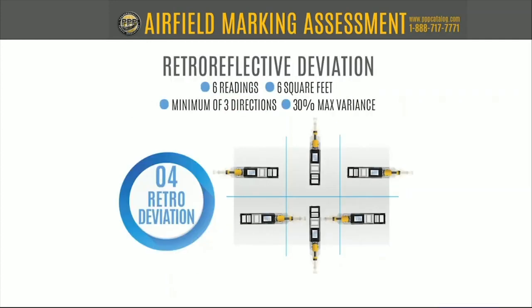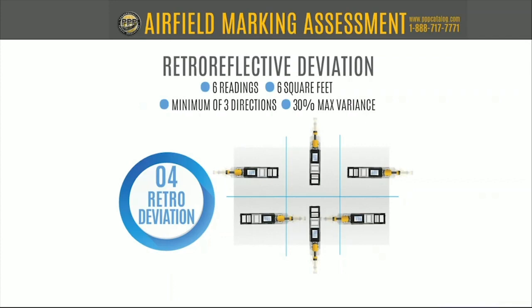The next section is on retroreflective deviation. You take 6 readings within a 6 square foot area, in a minimum of 3 directions. Here is a drawing of using a handheld retroreflectometer. The maximum variance between your readings can be up to 30%.